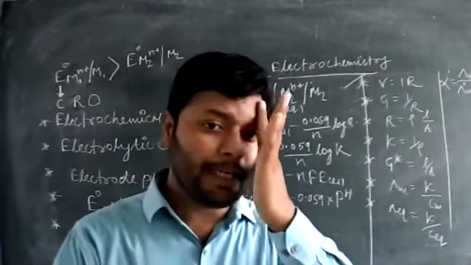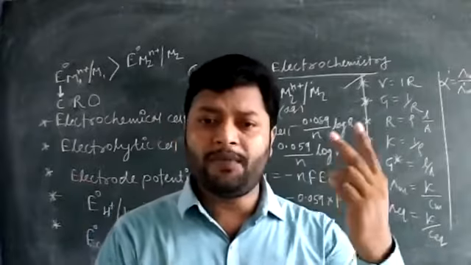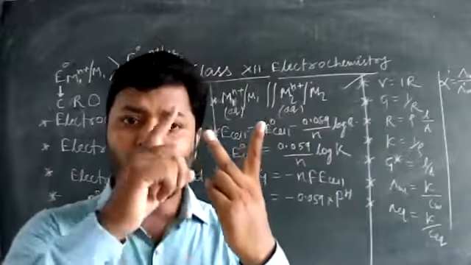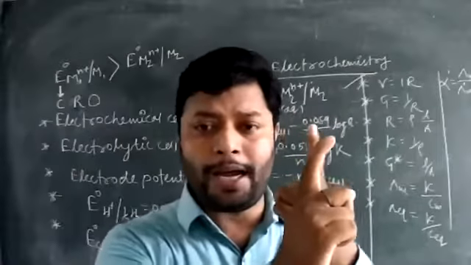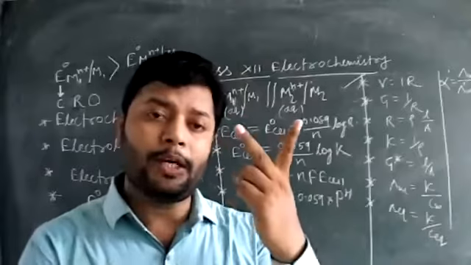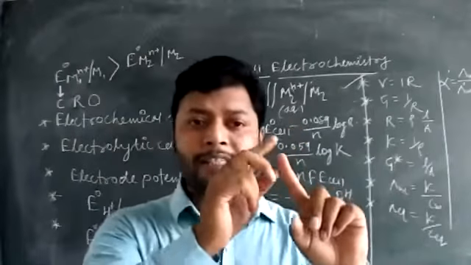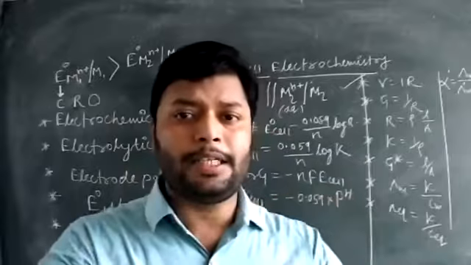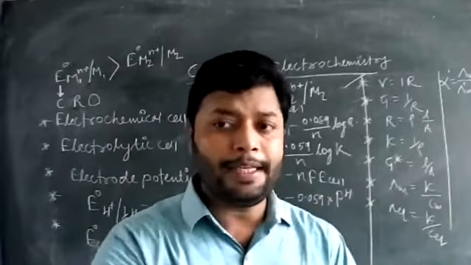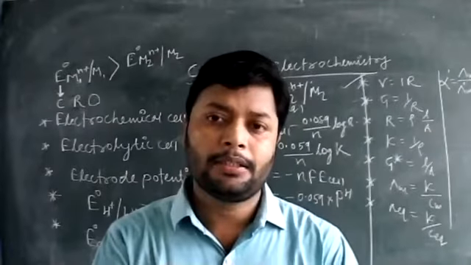There is a difference when we take different substances. Suppose we are taking 2 different substances, one a strong electrolyte and the other a weak electrolyte. A strong electrolyte furnishes more ions in the solution compared to a weak electrolyte.